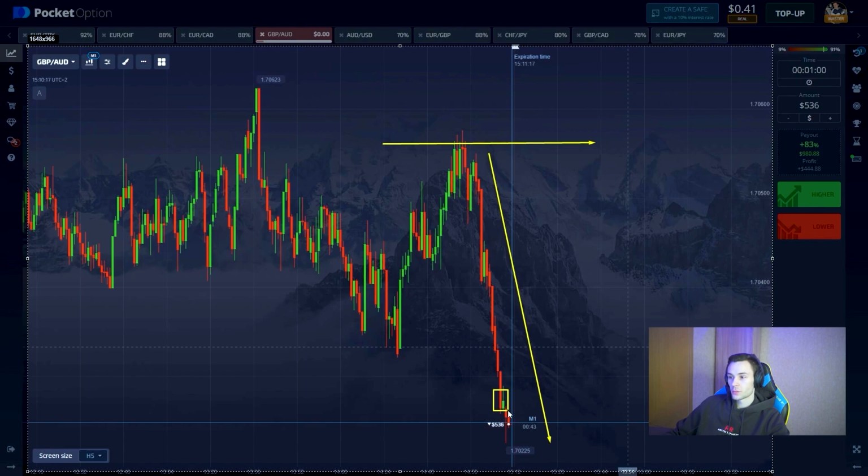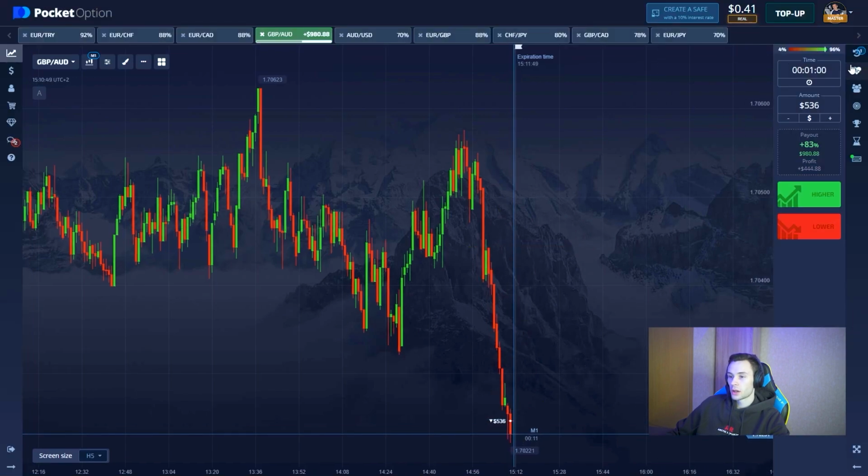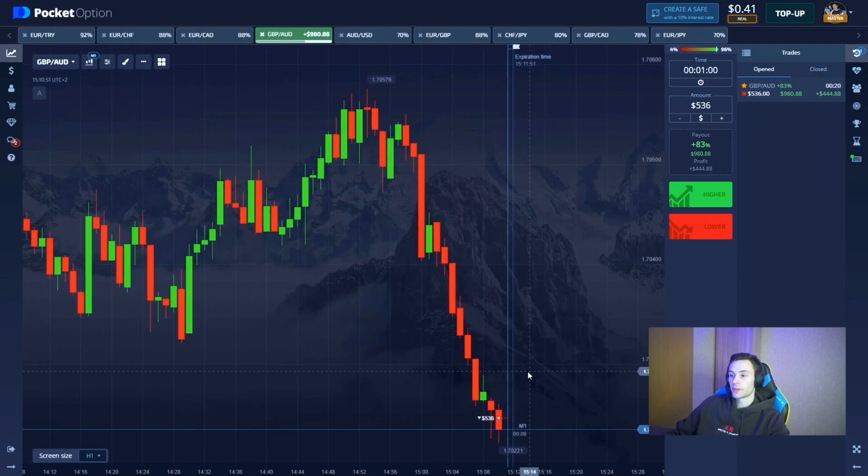We see this small green candle here, after which the price should continue its downfall, and it probably depends on the news. So something has affected the market and the price is going down, and this is kind of systematic movement. We can open with the trend here without second thoughts, and that's exactly what we just did.